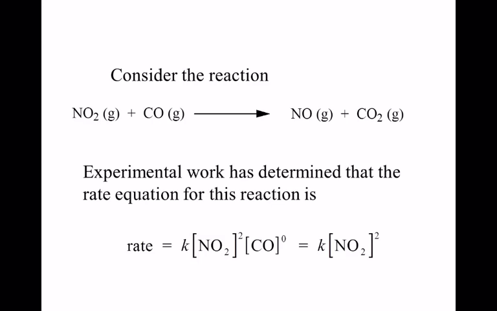Notice it's zero order with regard to CO, so that's why you don't see it appear here in the reduced rate law expression. So it's second order with regard to NO2, so right off the bat you're like, drat. I know it doesn't occur in just one step. If it occurred in one step, then it would be what? NO2 raised to the first power, CO raised to the first power.